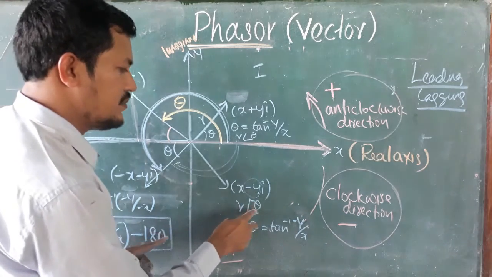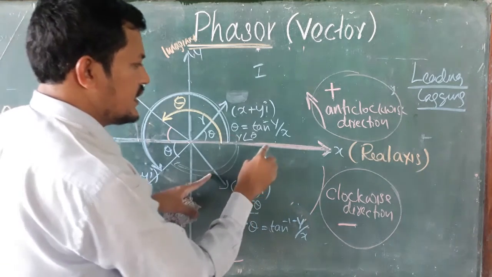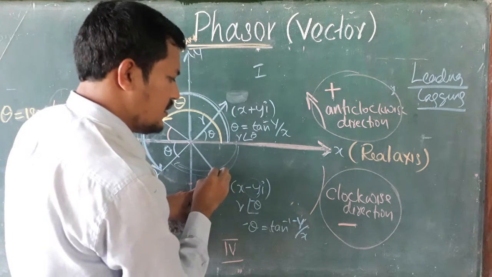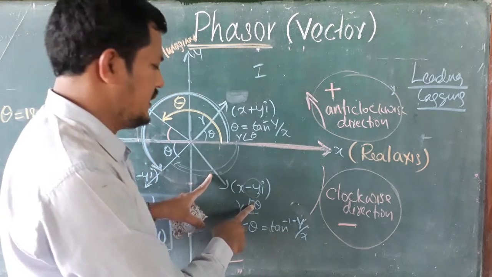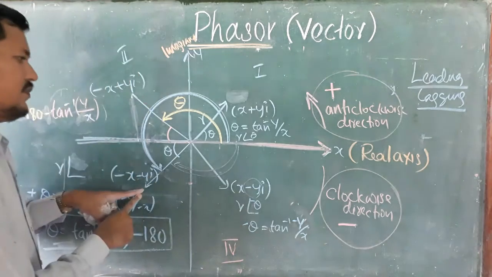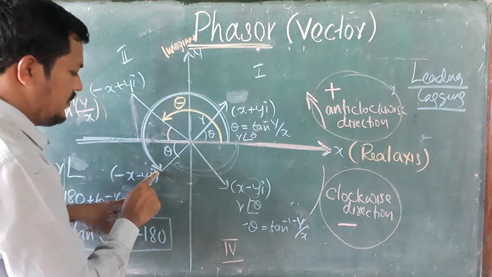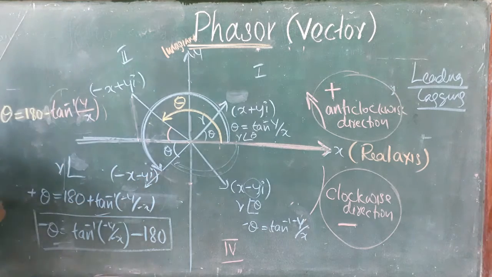We indicate minus theta because it is very near the positive x-axis, so we can measure this angle only. So minus should be indicated. Here we can measure anti-clockwise or clockwise. This is the anti-clockwise direction. This is the clockwise direction.